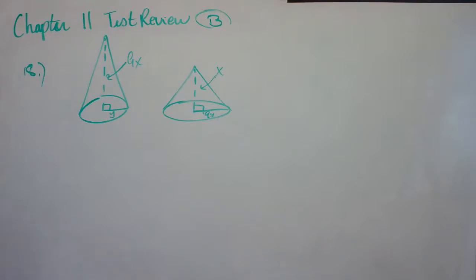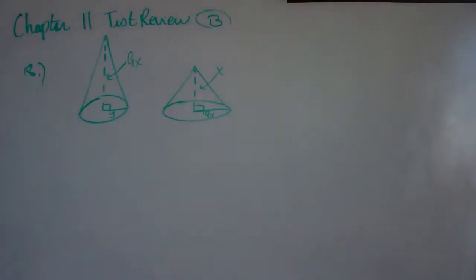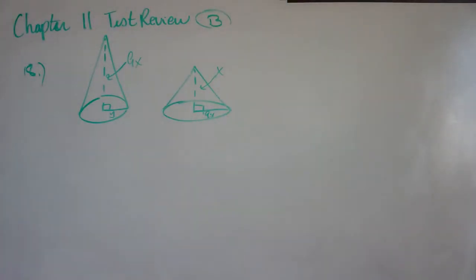But here's the error. In the problem, it never says that these 2 cones are similar. It never says that. So therefore, we don't have to worry about a similarity ratio. Alright? Because if these were similar, he would have been right. It would have had to have been 9 times bigger.